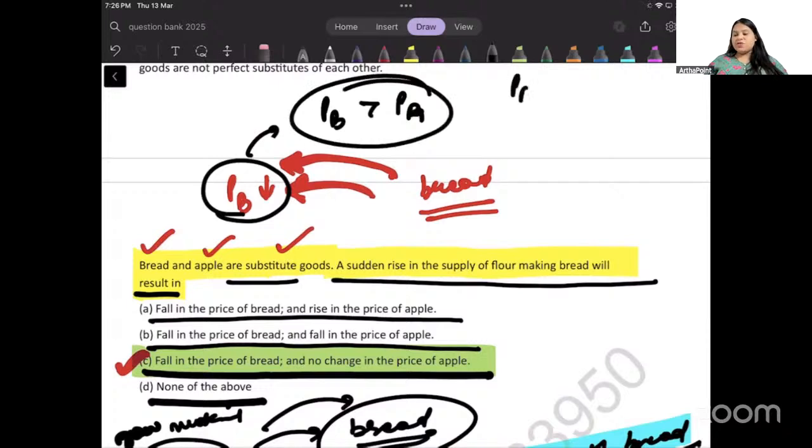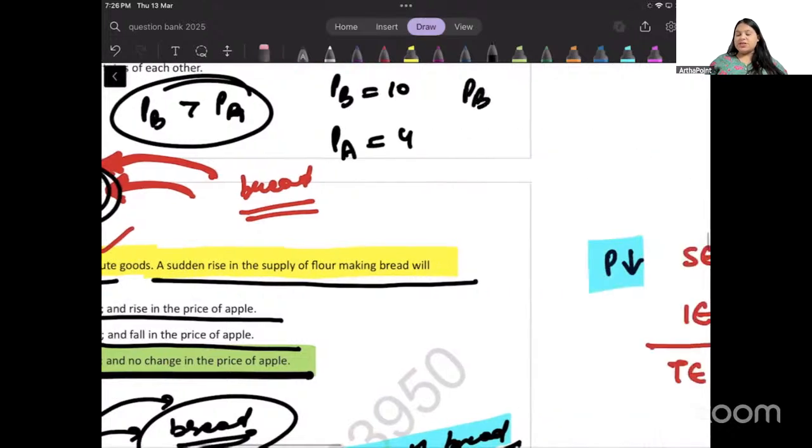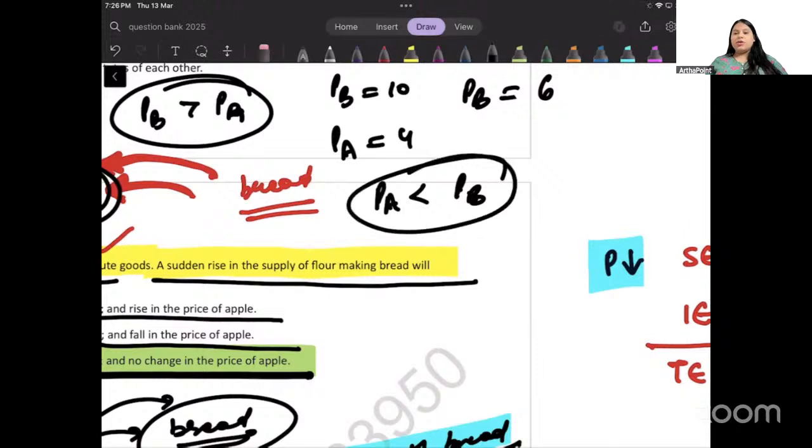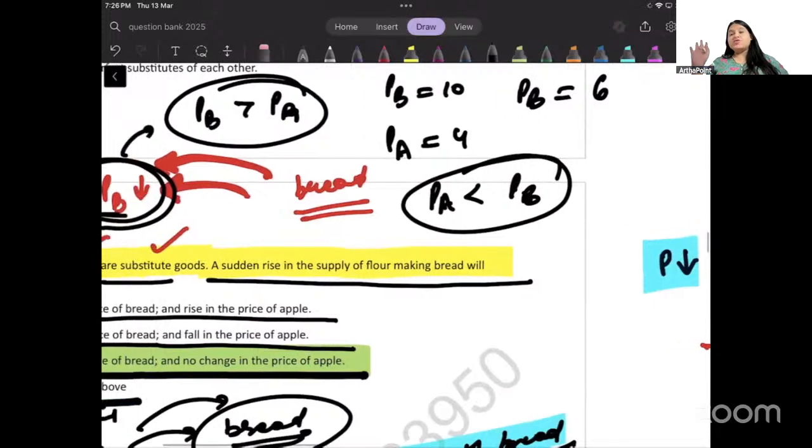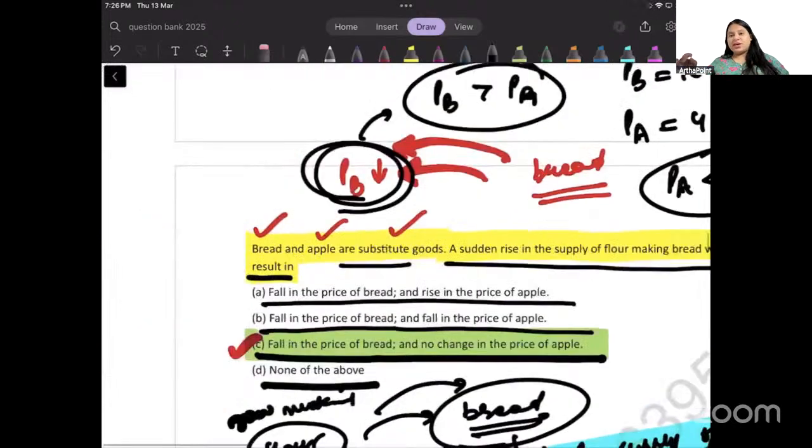Suppose पहले price of bread 10 था, price of apple 4 था. अब जब price of bread decrease हुआ, तो price of bread suppose 6 हो गया. Still price of apple is less than price of bread. So we cannot say with certainty that price of apple has been now more than price of bread, या demand of apple पे क्या फर्क पड़ेगा? We cannot say that.